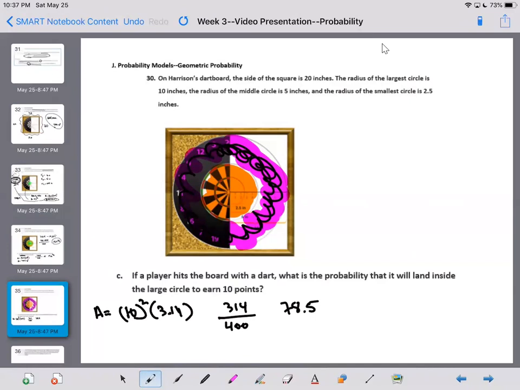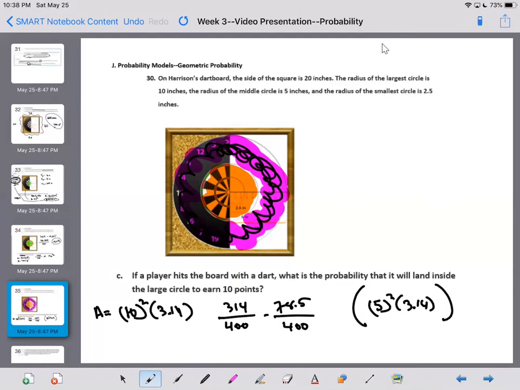But if we want to land it in that region, we have to subtract out the area that consists of the radius of 5 inches. So we take 5 inches squared times 3.14. Remember, that's 25 times 3.14, which gives us 78.5 out of 400.